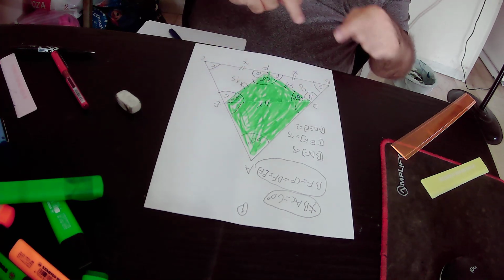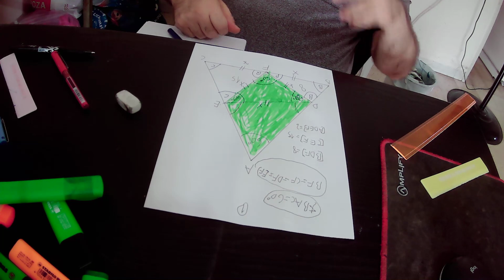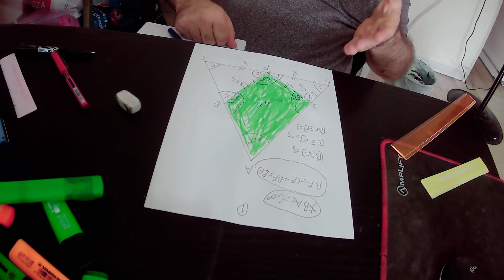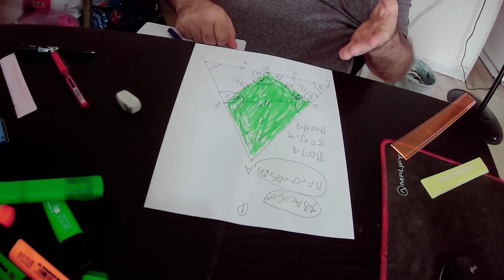AB is a straight line. Therefore, if we focus on point D, the sum of the angles must be equal to 180 degrees.